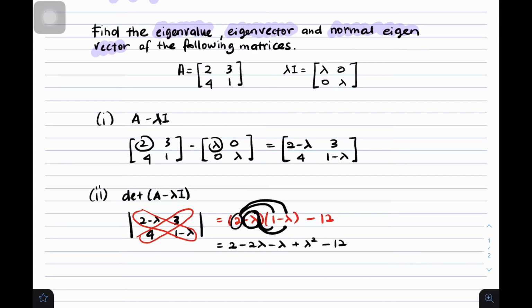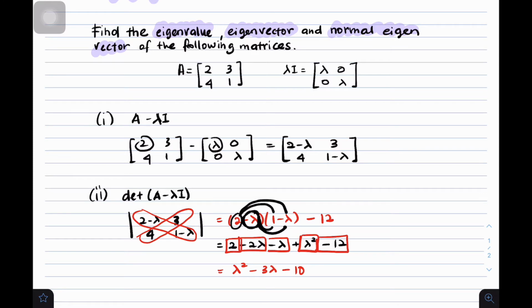Let's see which part we can simplify. Here you have positive lambda square, then negative 2 lambda minus lambda gives negative 3 lambda, and 2 minus 12 gives minus 10.